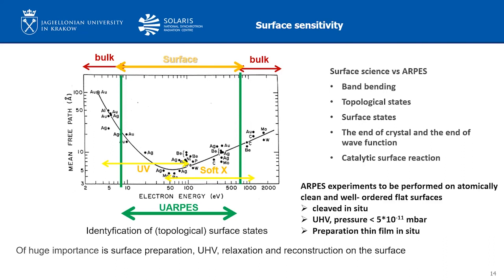For incident photon energy above 20 eV in the UV region, the mean free path is shorter than 0.6 nanometers. And thus ARPES is an extremely surface-sensitive technique, and a considerable fraction of the total ARPES signal will be representative of only the topmost surface layer of the sample.